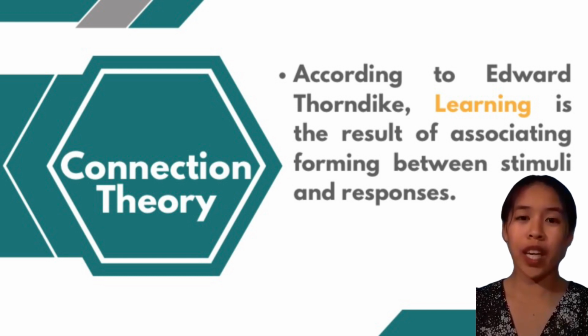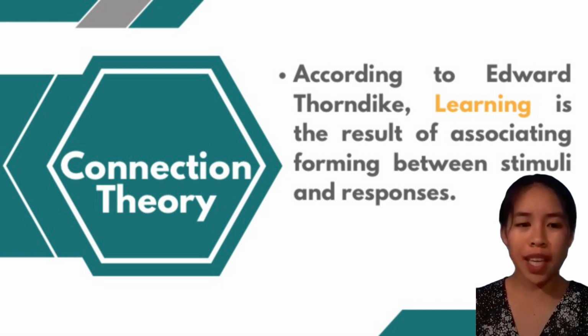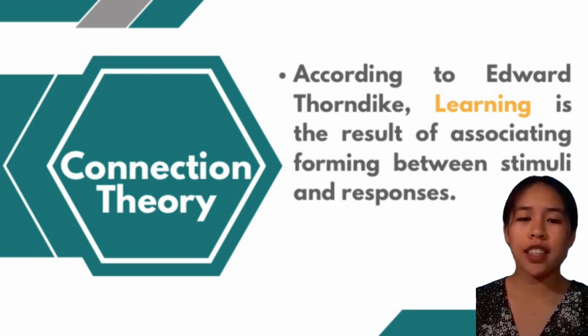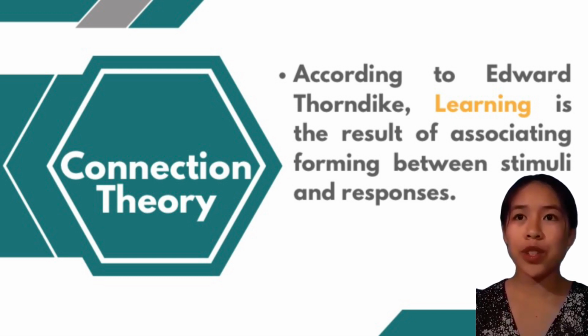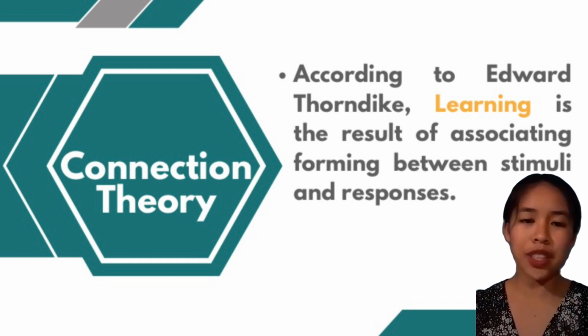This theory, the connection theory, allows us to explain what we see and to figure what result we will be receiving. And this also applies in the classroom, that if a student does something wrong, he will be punished for it, and it teaches him to avoid doing it again because punishment causes him pain.